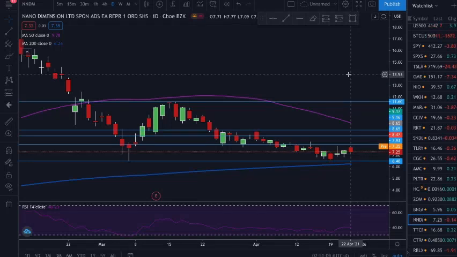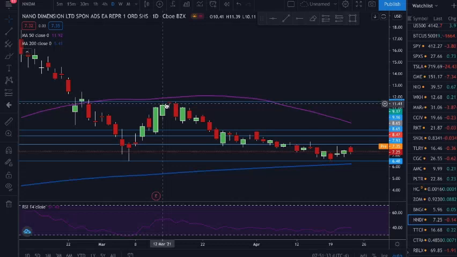Okay guys, we are here on the daily chart on NNDM on TradingView, and I wanted to take a look at recent price action to give you guys a better idea on where NNDM is trading at and where I believe NNDM will head in the future. So taking a look at this, we see the 50 EMA is continually trending down, and we will use this as a resistance like you saw here in the past price action.